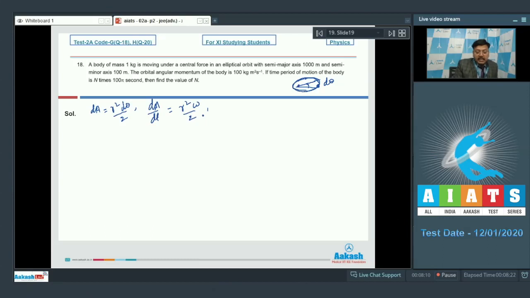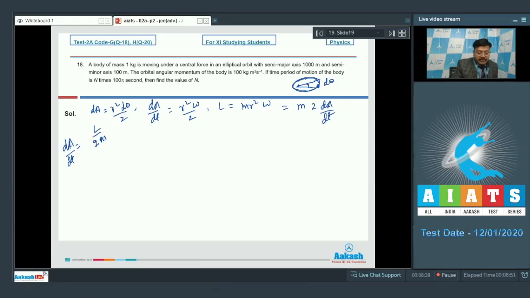The angular momentum L is m r square omega. So putting r square omega as 2 times dA by dt, we have L equal to m times 2 times dA by dt, and the aerial velocity dA by dt is simply L by 2m.